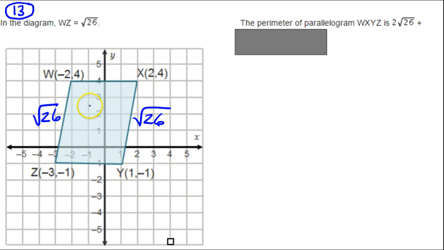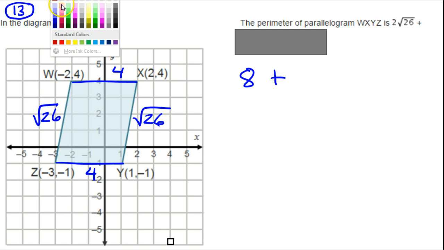Now, the horizontal parts, of course, we can count. All right, that's 1, 2, 3, 4. And of course, up here, we already know it's going to be the same 1, 2, 3, 4. So we can add this up and see the perimeter. We've got 4 plus 4 is 8. And then radical 26 plus radical 26.